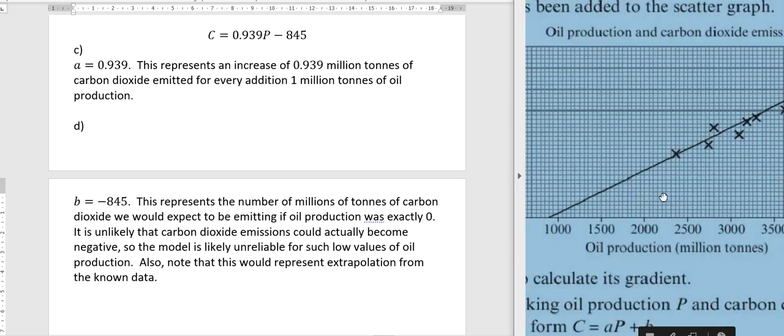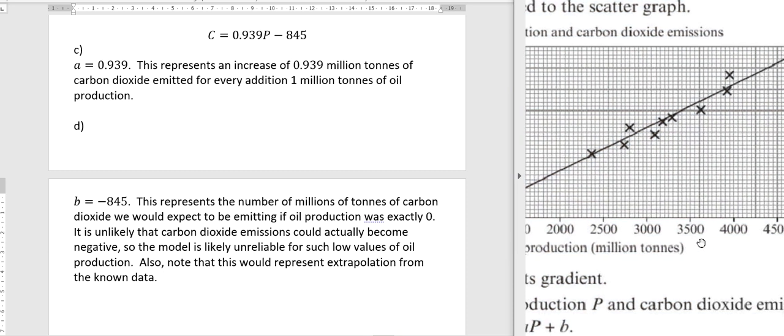If we look at this graph, we could make some reasonable predictions here about what the emissions would be if we had 3.5 million tons, even if there's no data point at 3.5 million tons. But we can't make particularly reliable predictions about what happens for values lower than about 2, not talking about 3.5 million tons, I'm talking about 3,500 million tons.